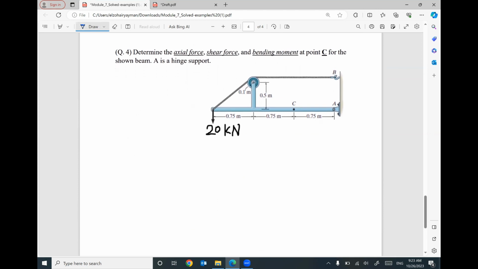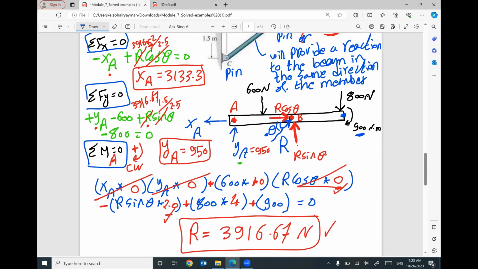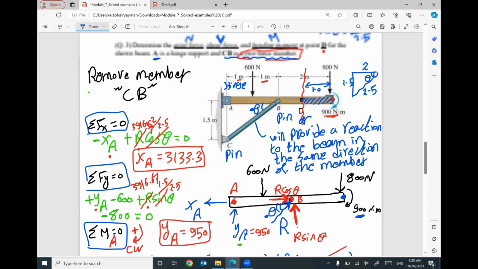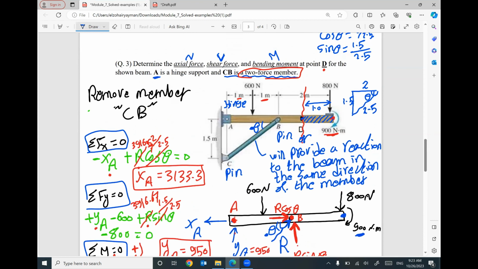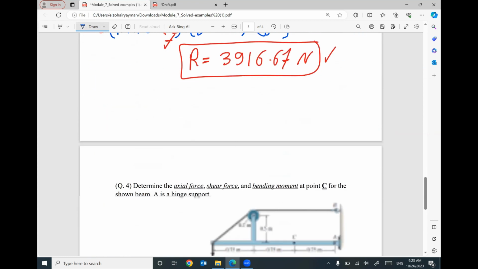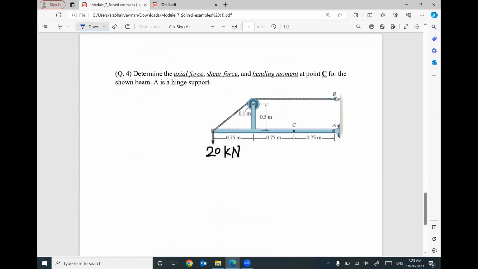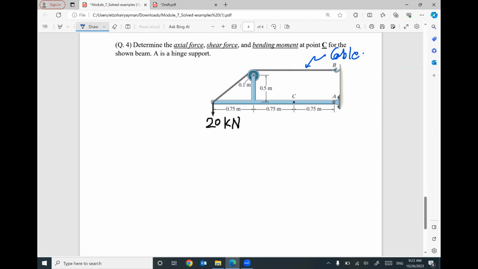I will go quickly for this problem. We have the same idea as the previous examples. In this one, we have a member called CB as a two force member. In this member, we have a cable. This one is a cable. If you would like to figure out the reactions, this is your beam.